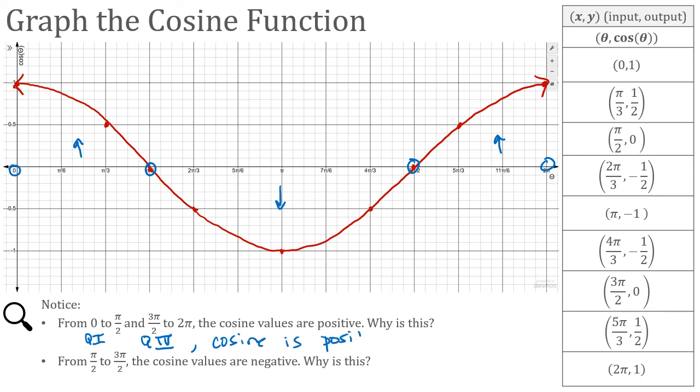We know that from our work with the unit circle. From pi over 2 all the way to 3 pi over 2, that takes us through quadrant 2 and quadrant 3. And that's the left side of that unit circle, and that's where the cosine is negative. So again, not something that you have to memorize, but something that hopefully makes the connection between the unit circle and the graph of the sine and cosine function.